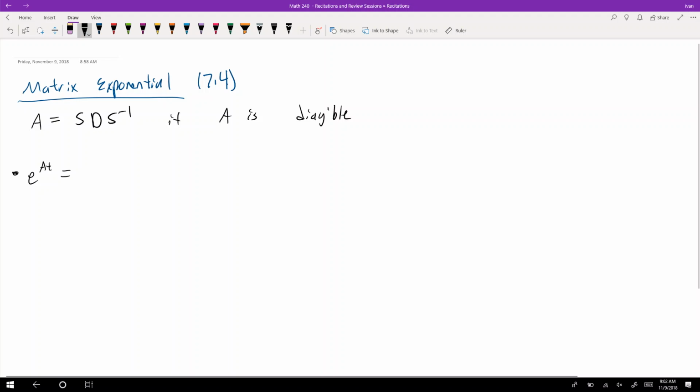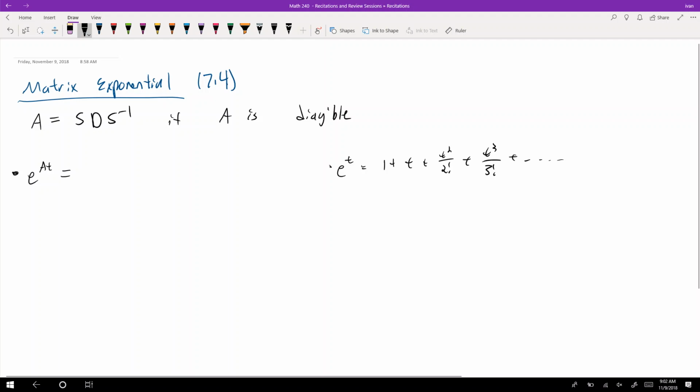One way we can solve it is if you remember your Math 104 or your Calc BC days, where you had e to the t, and we could Taylor expand e to the t, which was 1 plus t plus t squared over 2 factorial plus t cubed over 3 factorial, et cetera. So that should be kind of familiar. We can do the same thing with e to the At.